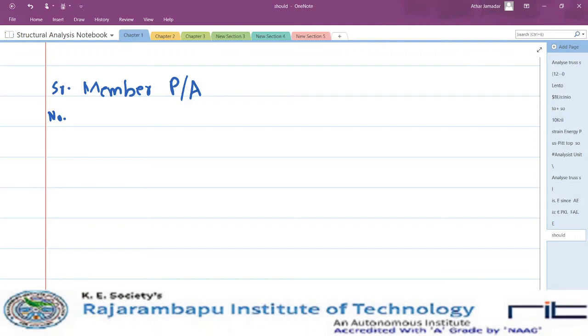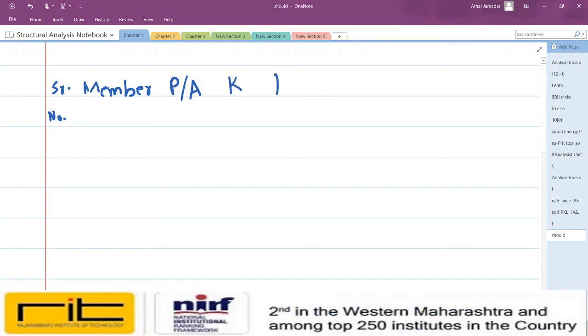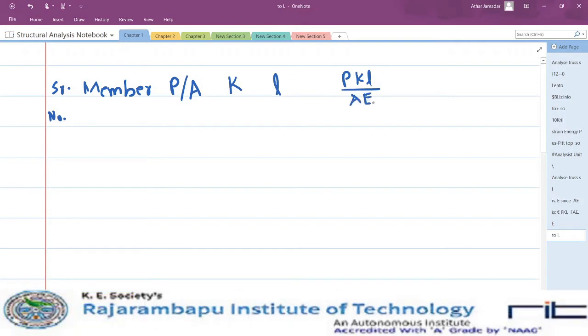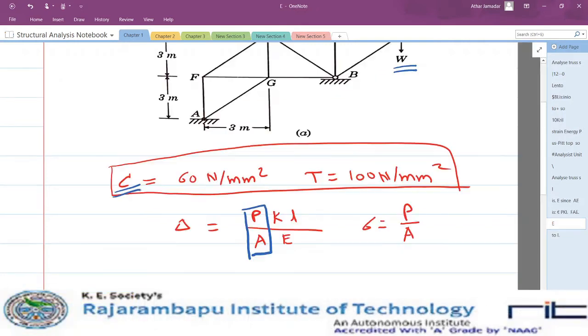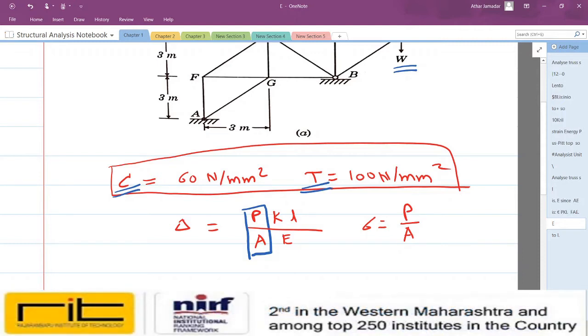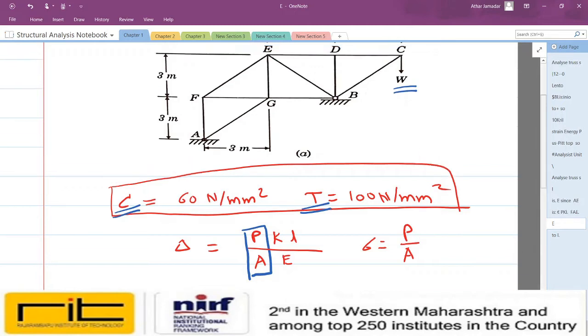Okay, then next column will be K, the next column will be L, and directly final column will be PKL divided by AE. This will be our final column, and this compressive stress or tensile stress is nothing but directly P by A values for compressive and tensile members are given.